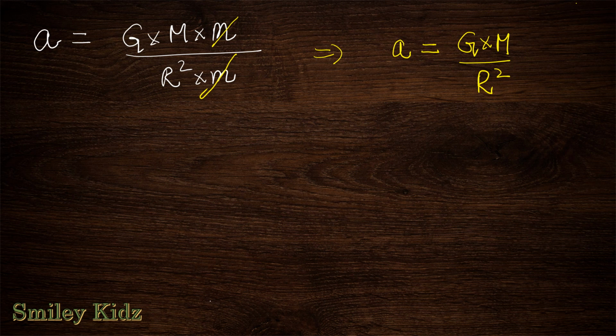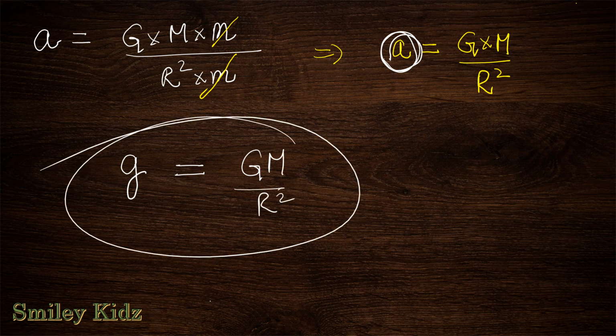We know that the acceleration produced on the earth is known as the acceleration due to gravity and is symbolized by small g, so g is equal to GM upon r square. Yes, we have arrived at the equation. But do you think we have arrived at the calculation of acceleration due to gravity? Not yet. So let's understand how to calculate the value of g on Earth.